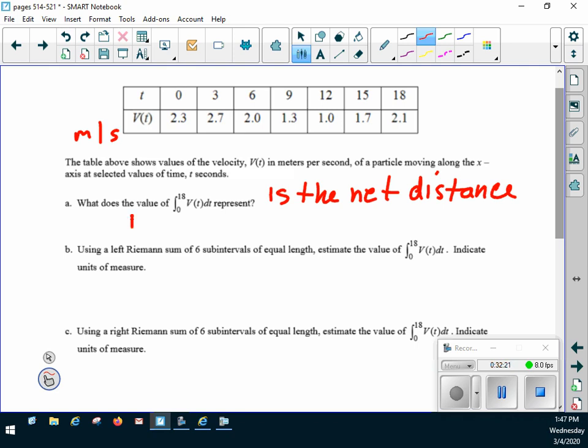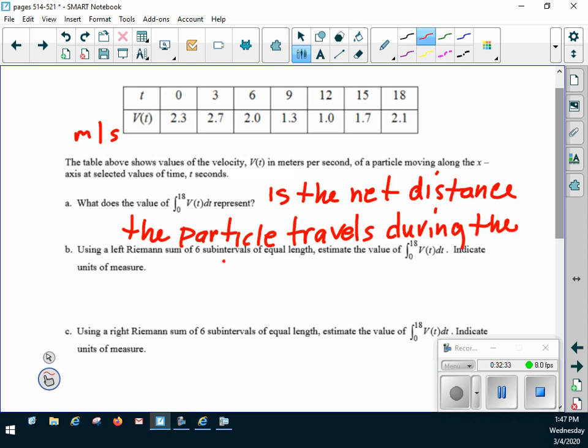Is the net distance the particle travels during the first 18 seconds. Fully understanding that in this case, net distance and total distance are the same thing. You okay?